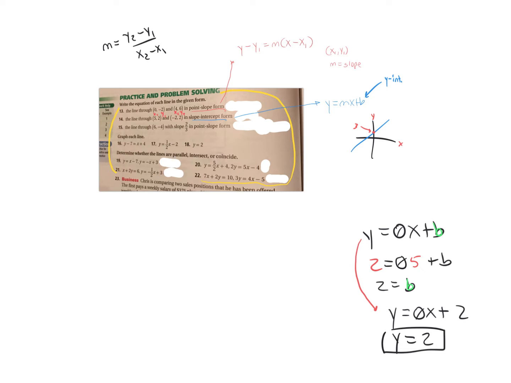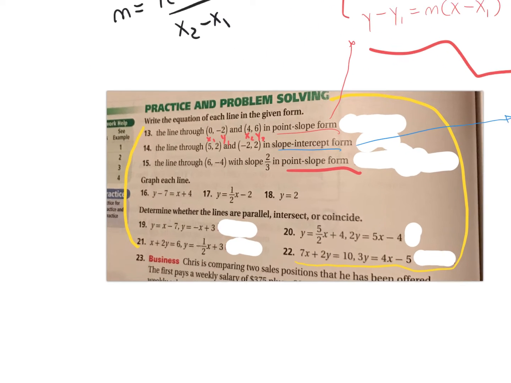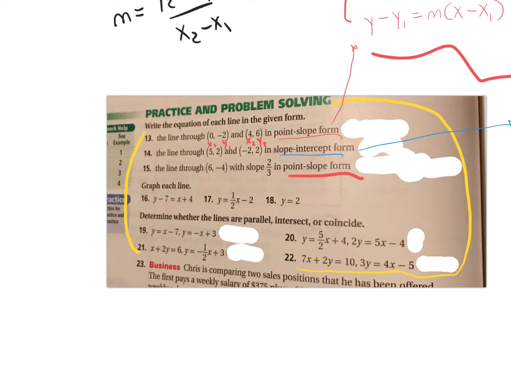All right, looking at problem number 15, the line through 6 comma negative 4 with slope 2/3 in point slope form. So that one's actually going to be a little easier than the top one. Once again, we're dealing with the point slope form, which is this one. In this case, they actually give you a point, 6 comma negative 4, and they give you the slope. So we could call this point x1, y1, and the slope m equals 2/3.